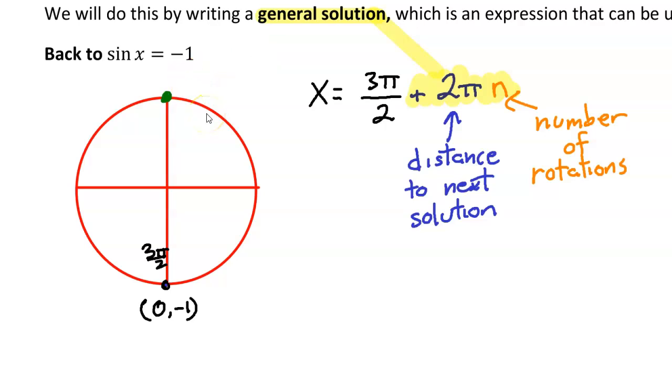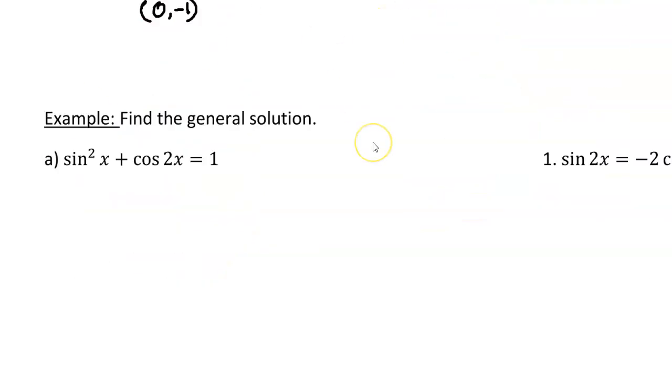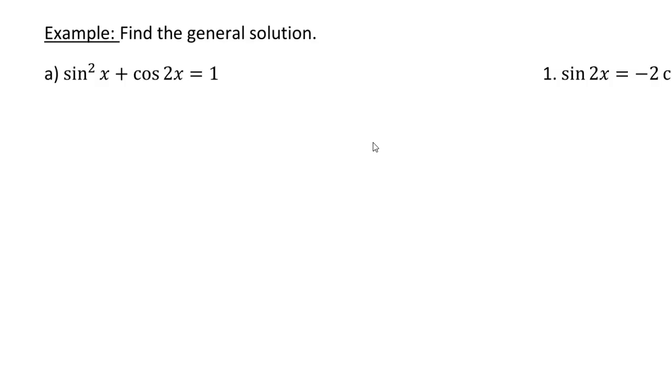So that's what we'll look at today and practice a little bit more right now, and then you'll have plenty of time to get started on this in class. So let's look at something very similar to yesterday. We have sine squared x plus cosine 2x equals 1.